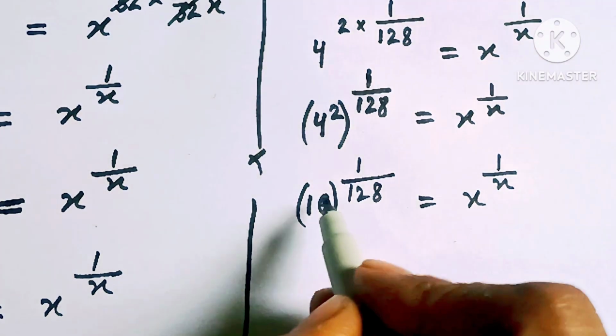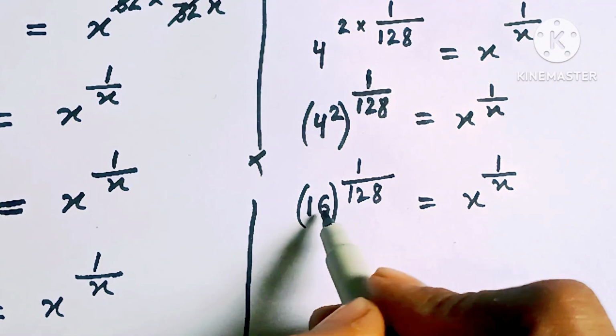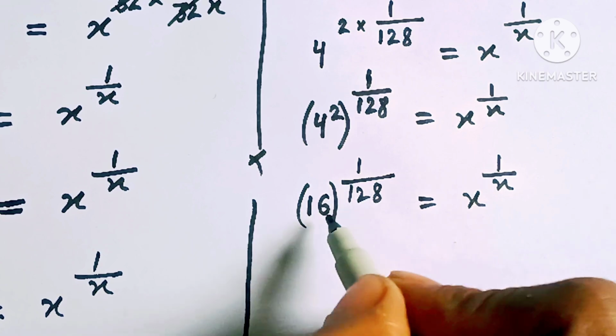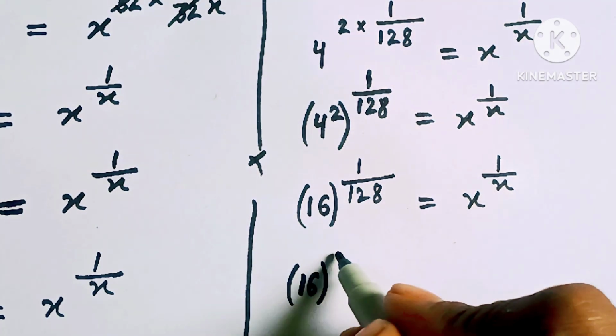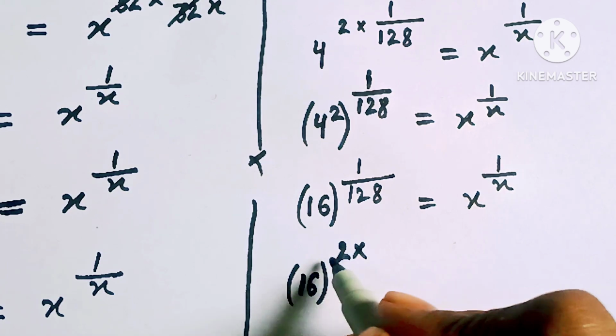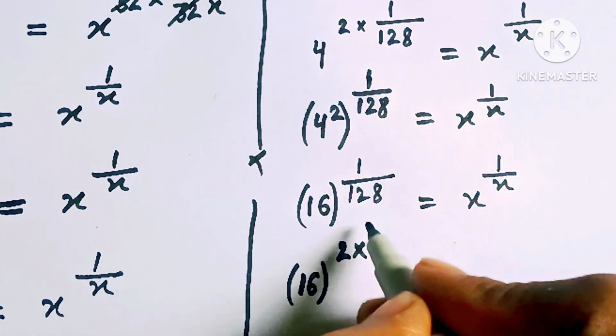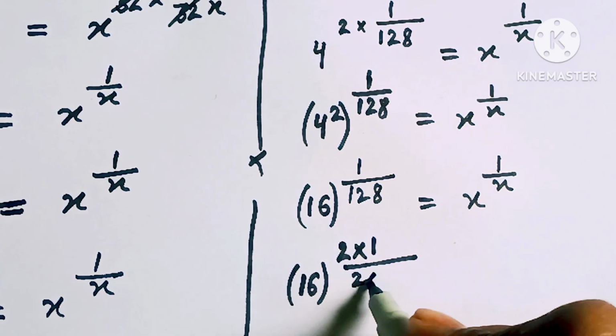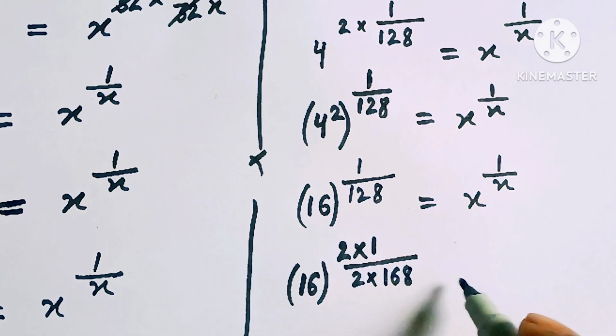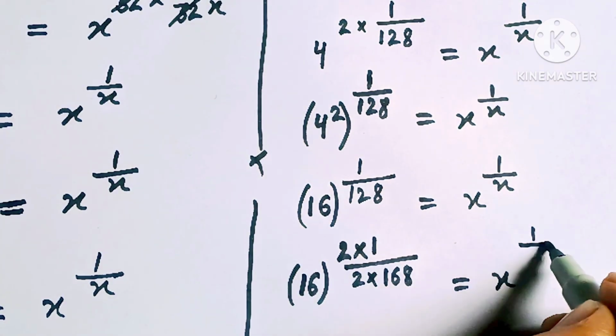Once again, because these are not matching, I'm going to multiply 2 with 1, and in the denominator 2 multiplied by 128, and x to the power 1 by x.